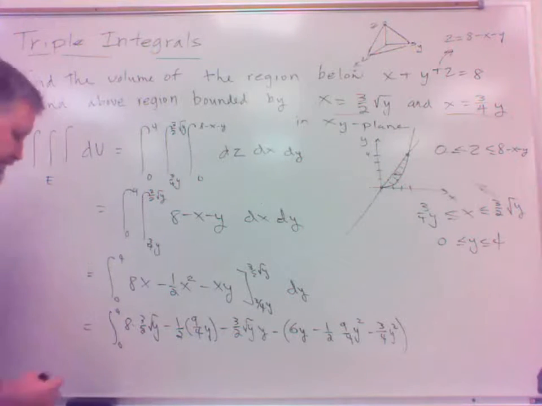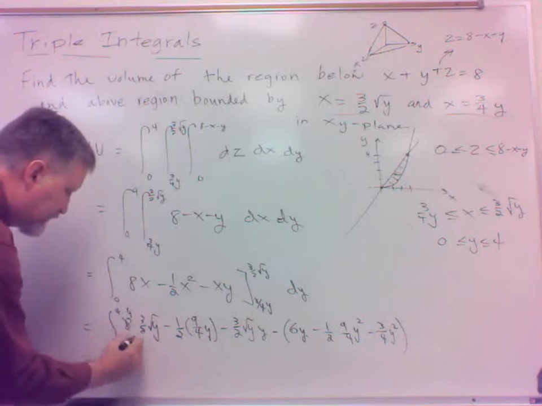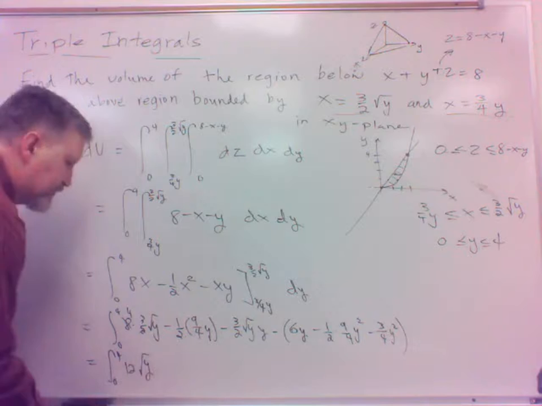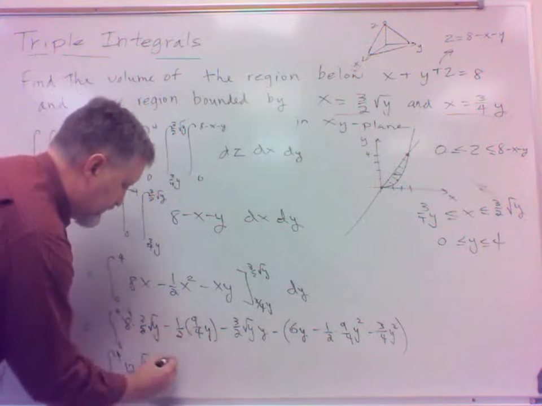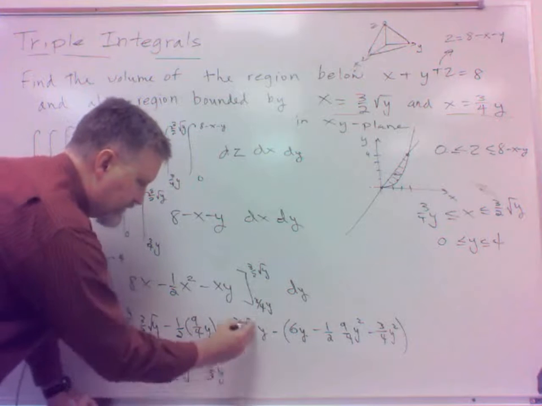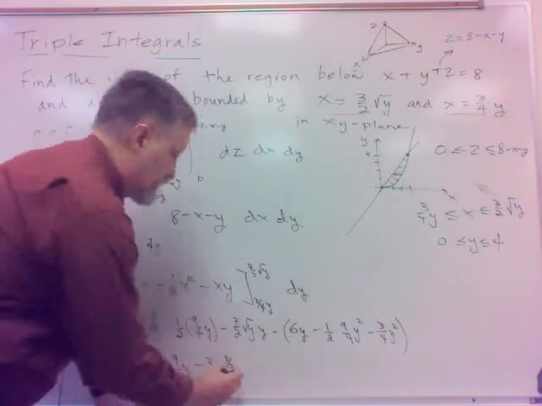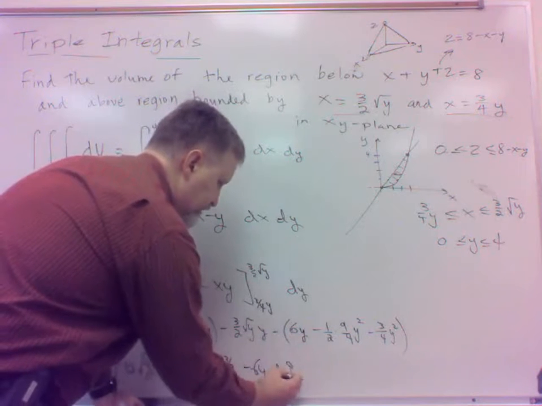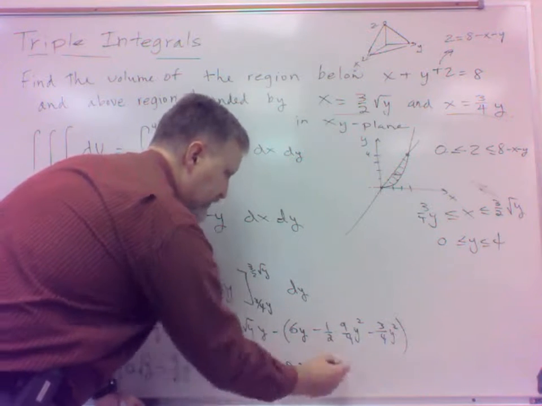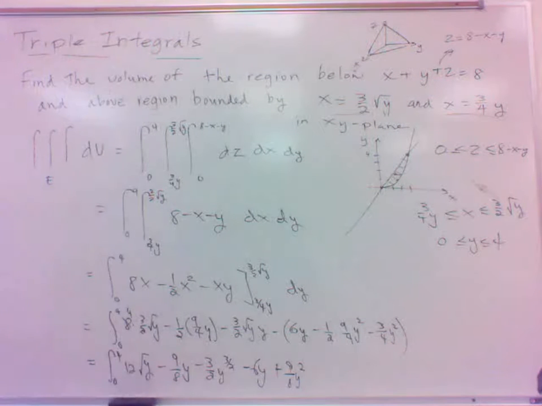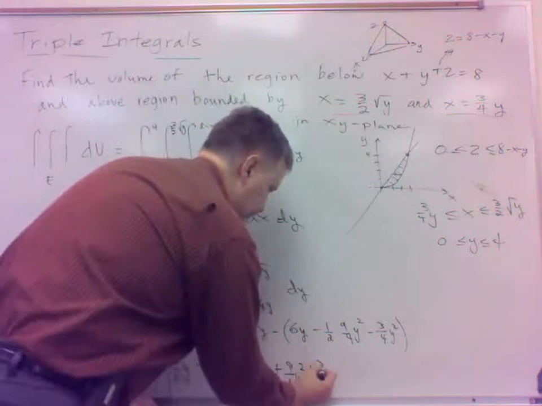So that'd be 12 square root of y minus 9/8 y minus 3/2, let's call that y to the 3/2. And then we have minus 6y plus 9/8 y squared plus, what happened there? That shouldn't be the same, should it? I guess it is. Plus 3/4 y squared.